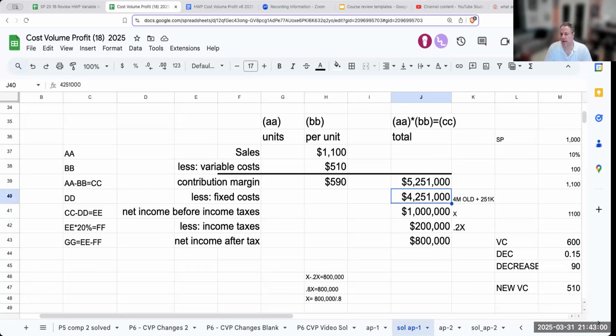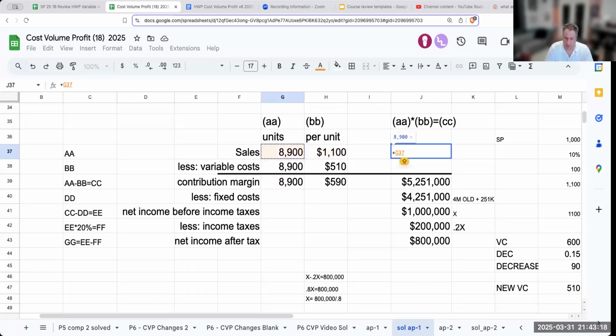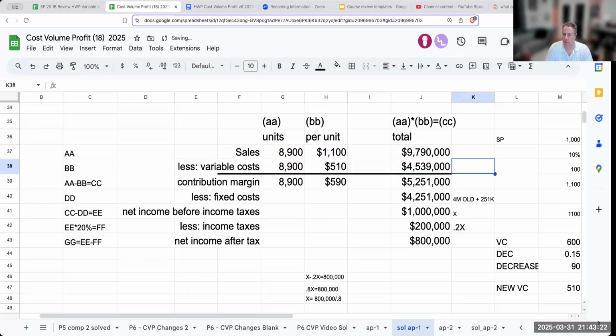I believe you can figure that out. So coming over here, I must have sold 8,900 units. If I have a contribution margin for 8,900 units, I must have had sales and variable costs over here for 8,900. Very important. I need to make sure that this works. So over here, 9,790,000 less 4,539,000 is equal to 5,251,000.